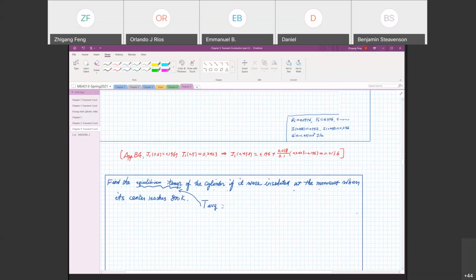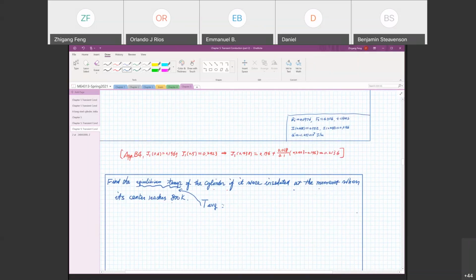The mean temperature has to be greater than 800 Kelvin. And we can determine the average temperature based on the amount of heat being transferred. So Q prime, if we use the mean temperature, is pi d squared over 4, multiplied by 1 because it's per unit length, multiplied by C, multiplied by Ti minus T average.